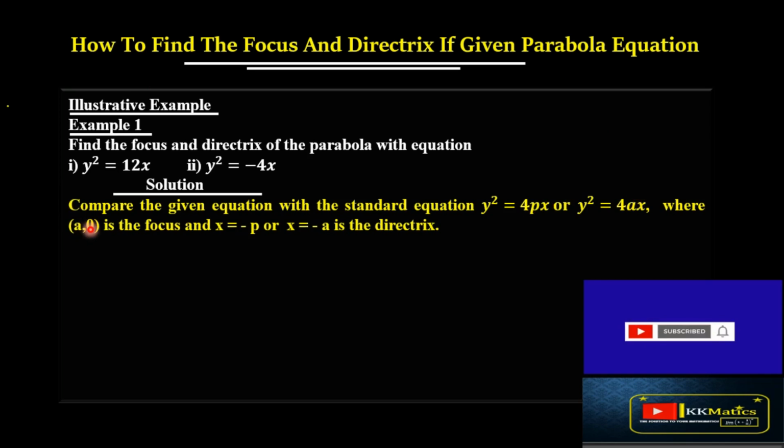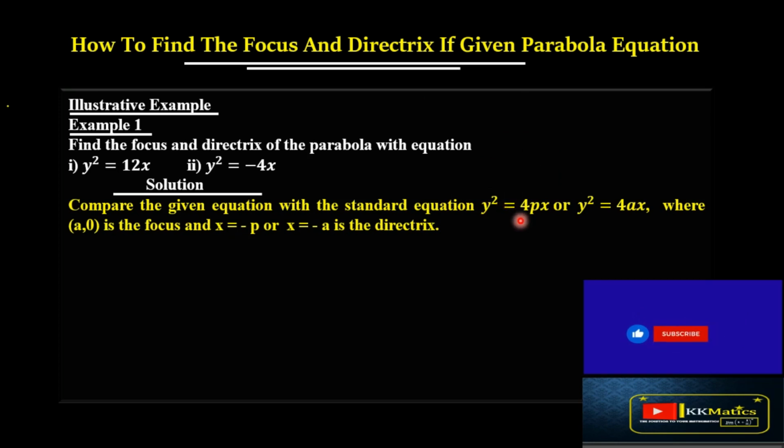Now, in comparing this to that, this tells us that the curve will be on the x-axis.